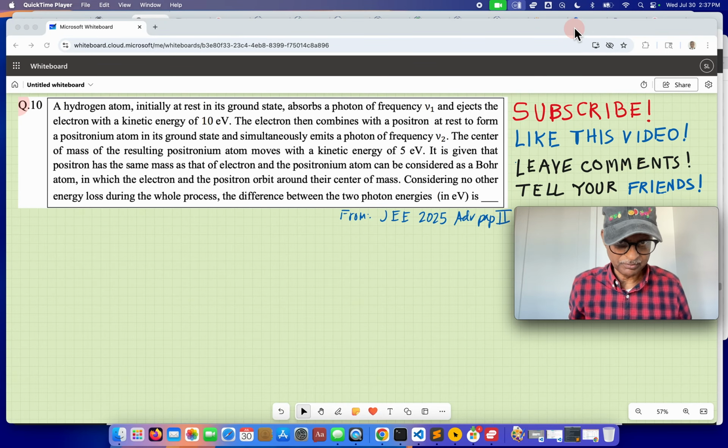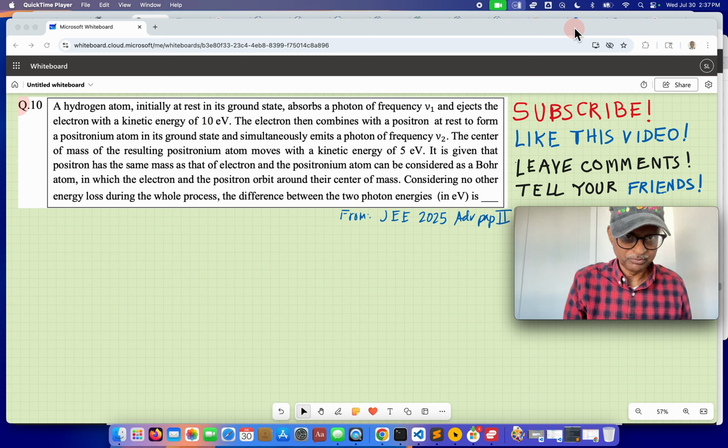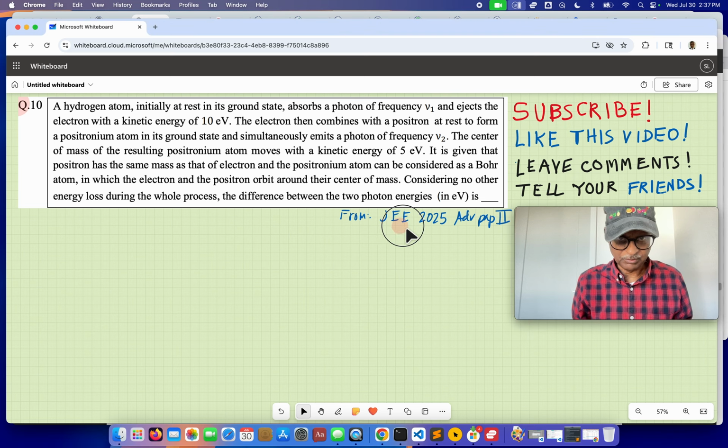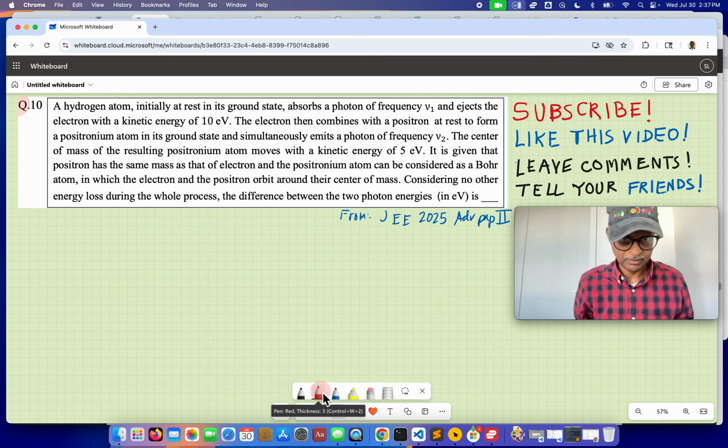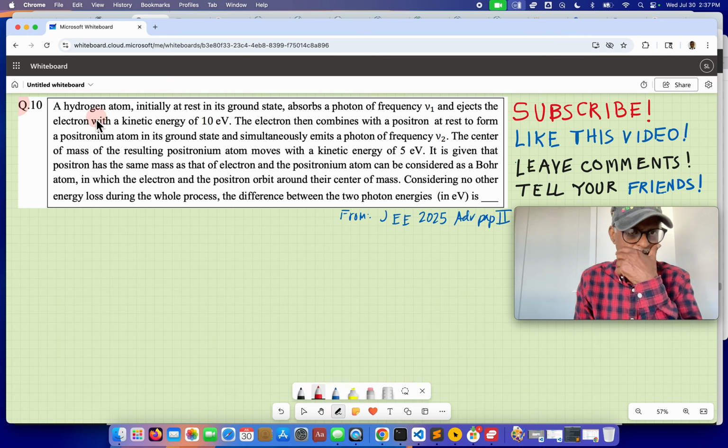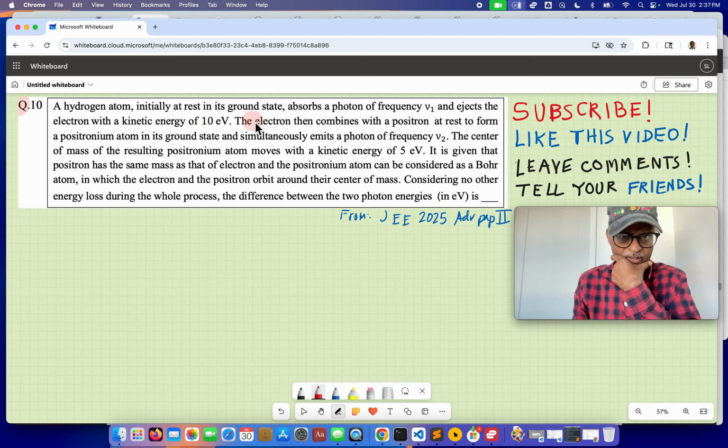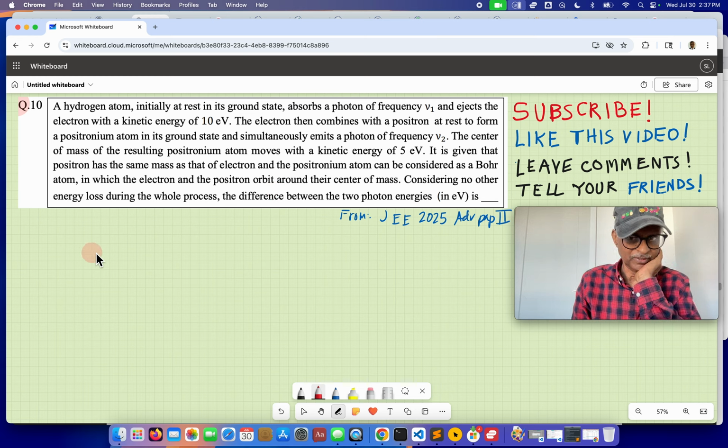So here we have a problem from atomic physics. It comes from JEE. Let's see, get a pen. If you read this question carefully, you will find that this is an interesting problem if you just look at the description.